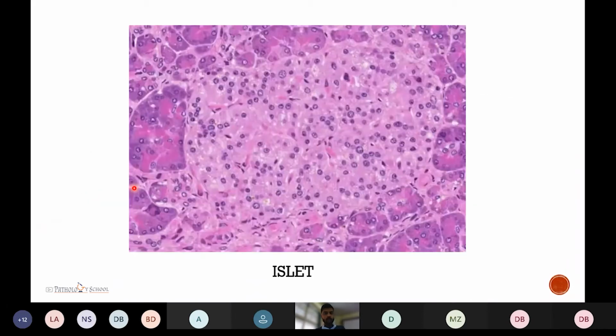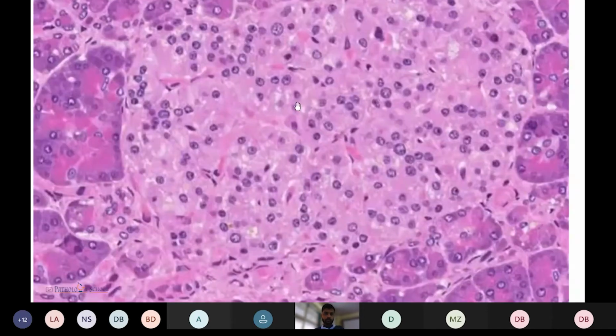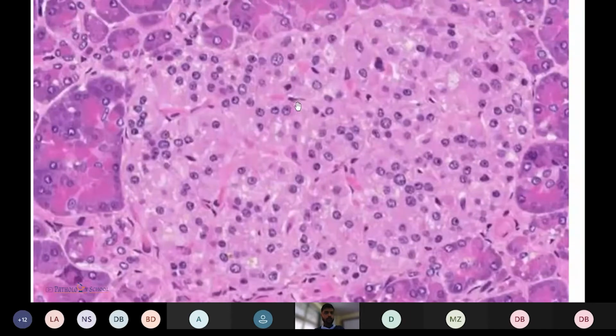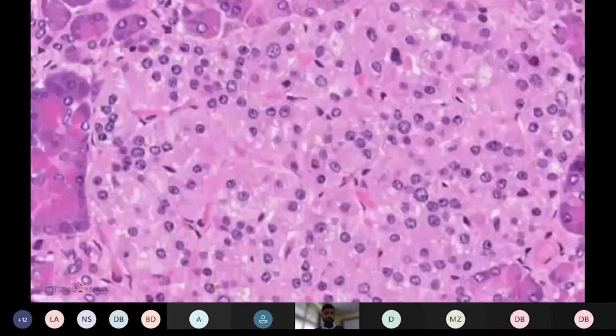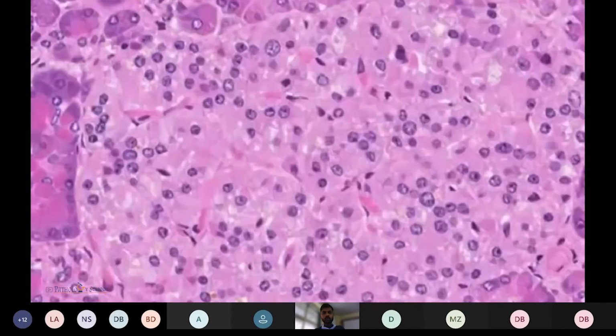So it has to be a highly vascularized tissue. This is again the islet of Langerhans. As I have already mentioned, you cannot identify the type of cells. It is surrounded by exocrine tissue, mainly the acinar cells. Now here what we see is they are polygonal to round shaped cells with salt and pepper chromatin with inconspicuous nucleoli.